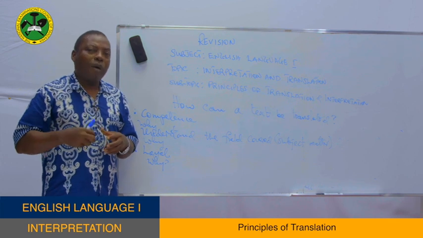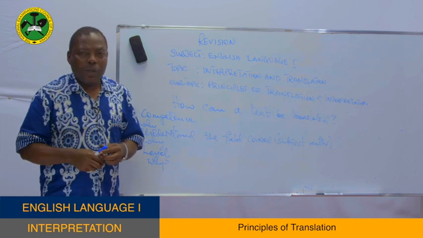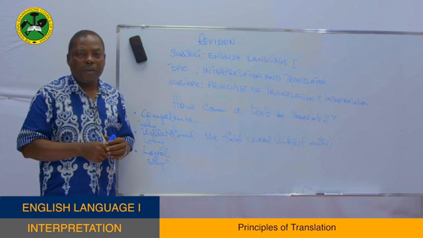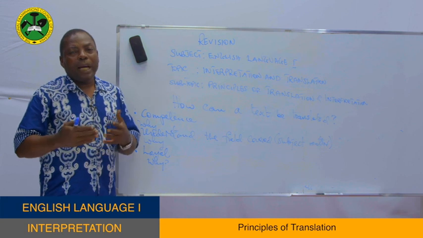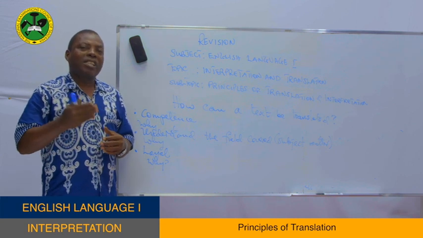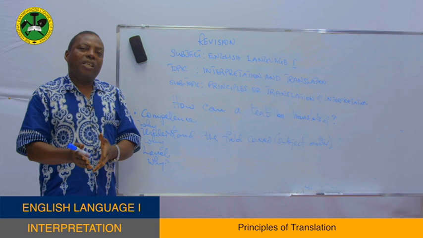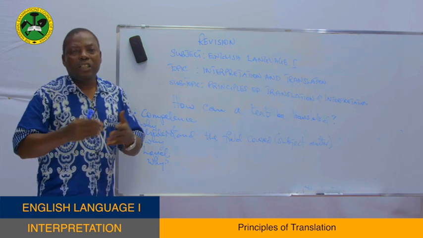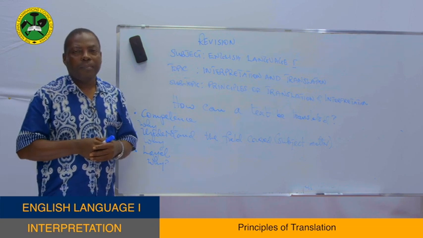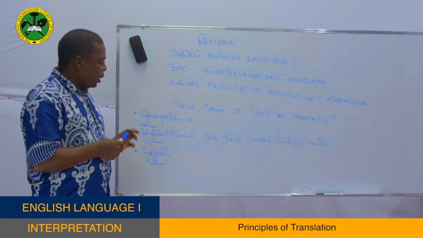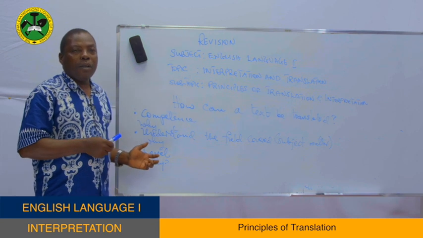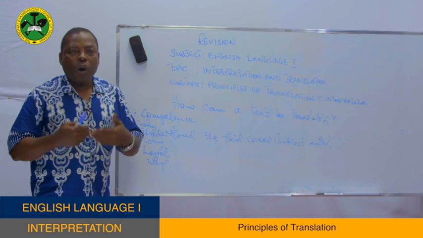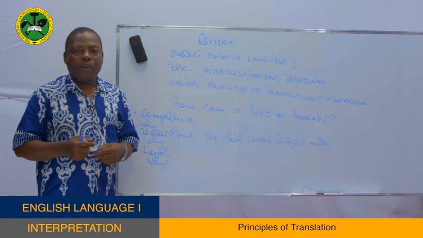Because if you involve your personal opinions or your personal views of whatever has been said, at the end of the day, you might come up with a translated text which is different from what the source speaker or the source text wanted you to make it. So this is the reason why we are told that we should be faithful, trying to say only what the source text wants you to say, and not otherwise.